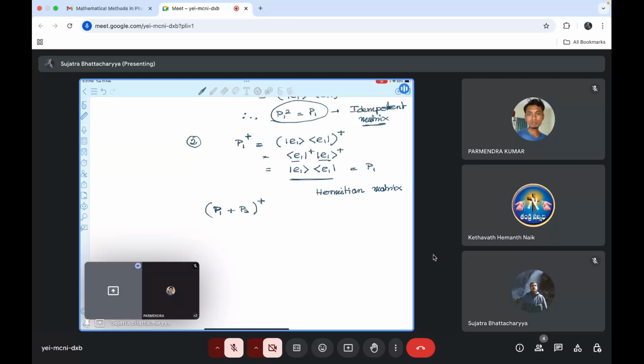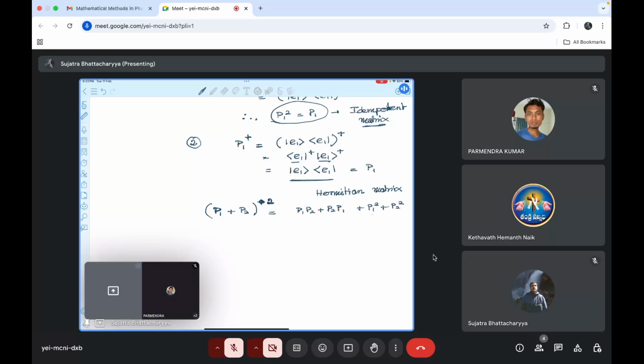So you can try this out, and I would say that, sorry, I'm not saying this square. You take the square. So what you will get, finally, when you try solving it, is P1 P2 and P2 P1 terms. Otherwise, you will get P1 square plus P2 square.